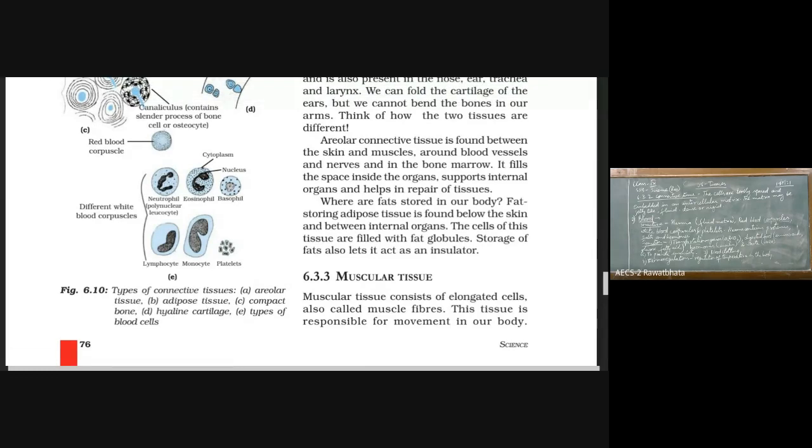I would expect you to draw this diagram. As per the diagram of the latest edition, you are supposed to write down the notes that I have mentioned on the board right now, and then draw the diagram of types of blood cells.